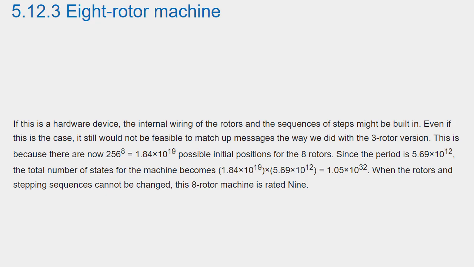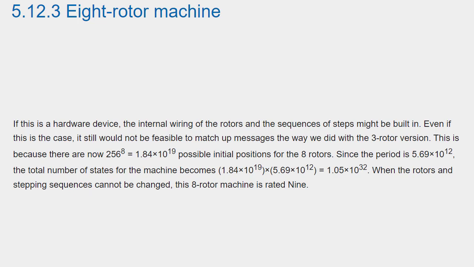Even if this is the case, it still would not be feasible to match up messages the way we did with a 3-rotor version. This is because there are now 256 to the power 8 equals 1.84 times 10 to the power 19 possible initial positions for the 8 rotors.